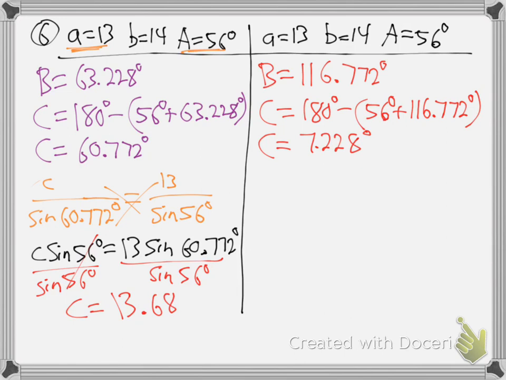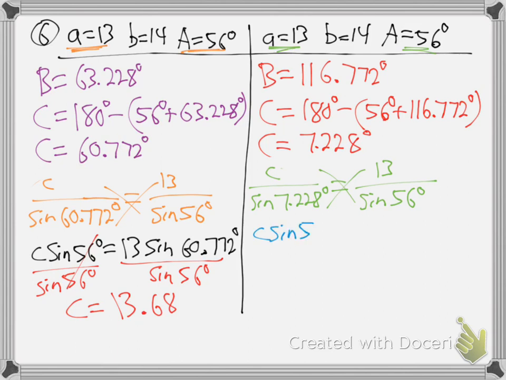Now over here, let me do the same thing. Little c, which I don't know, over the sine of 7.228 degrees is a over A, 13 over the sine of 56, diagonal, diagonal. What do we get? We get c sine of 56 is 13 sine of 7.228 degrees.